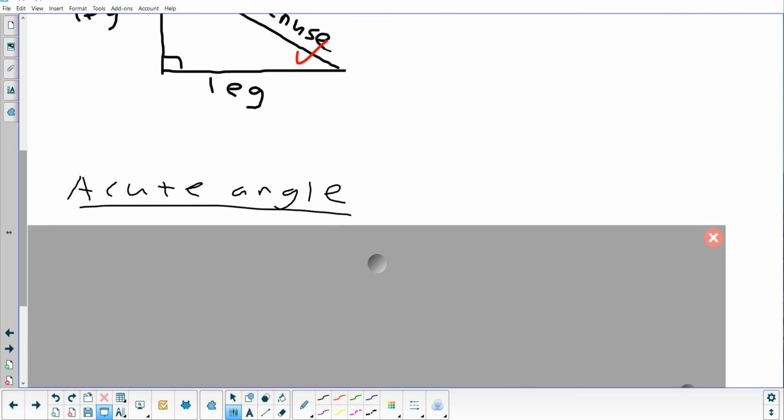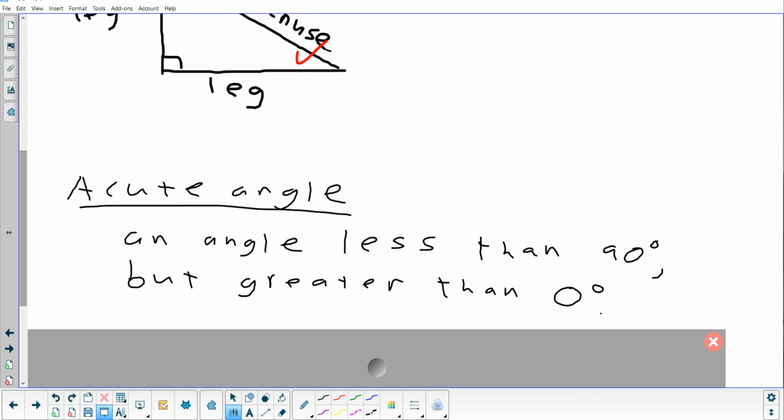Now it still has to be greater than 0. We've talked about negative angles a little bit. So if I said to you it's negative 200 degrees, acute, no. It's less than 90, but it's not greater than 0. And when you're talking specifically about a triangle, negative angles don't even make sense, so those wouldn't come up.